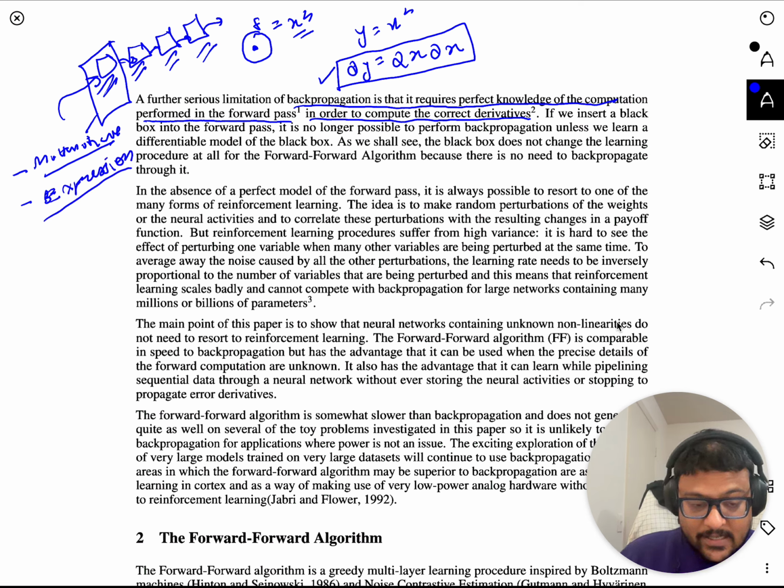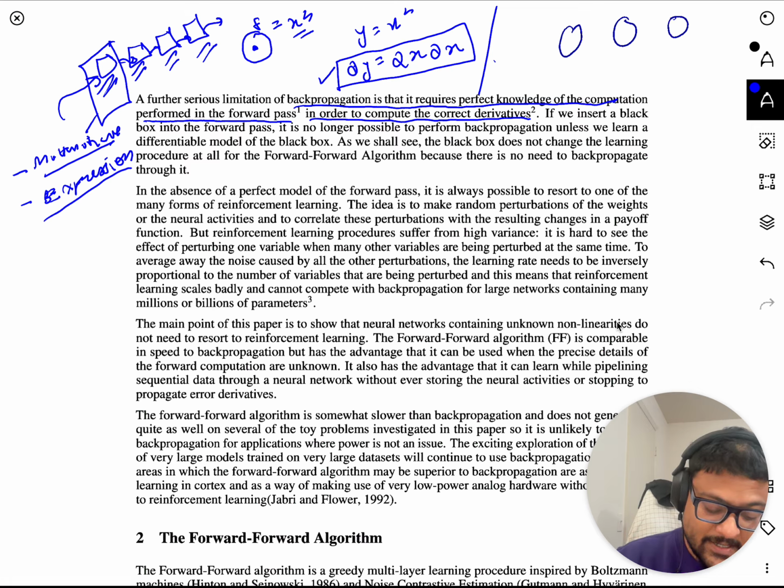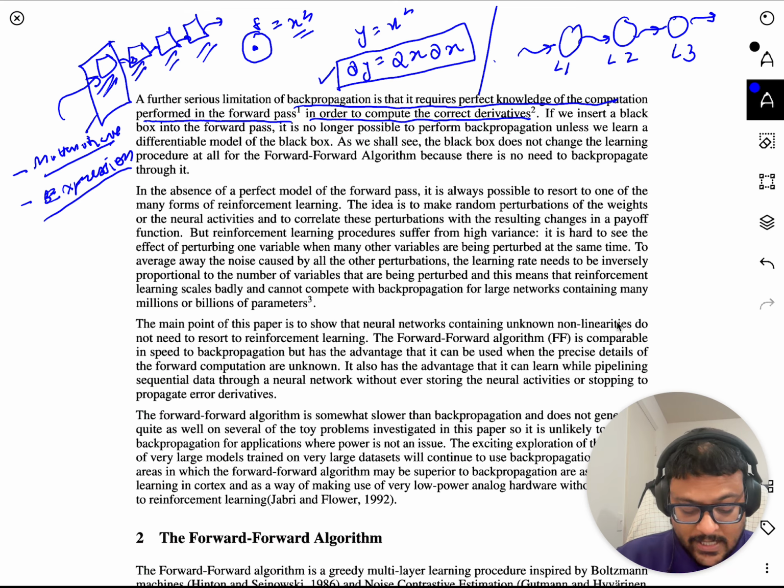And the reason it does not make sense from a neuroscience perspective is because in the brain, the structure of the layers themselves is changing as we are doing the learning process. Since the structure is changing, it is very difficult to actually make it work, right? There is no learning algorithm which will allow the structure of each of these layers to change and then still be able to train it.